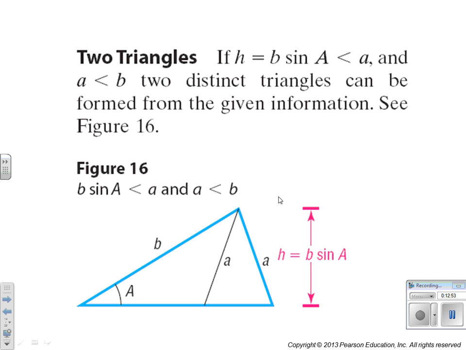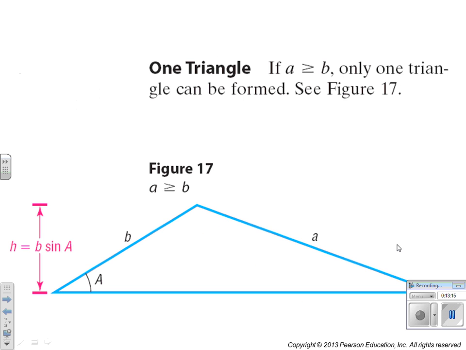Let's look at how that's different from here, where A is less than B. So if we have this scenario where A is greater than B sine A, and A is less than B, so A is smaller than our side B, then it's two triangles. If A is greater than or equal to B, one triangle.